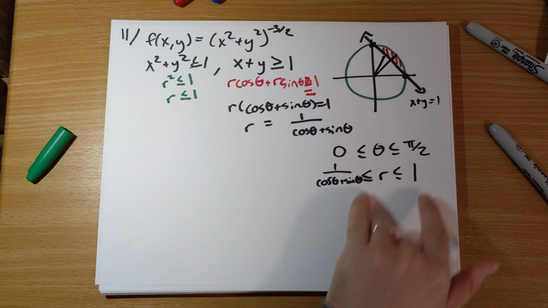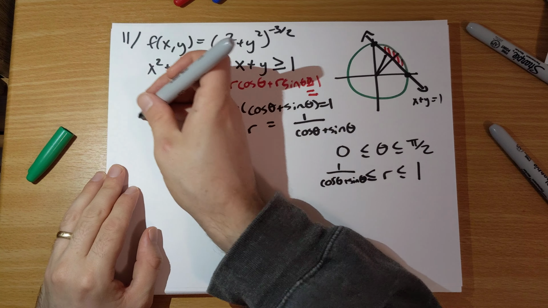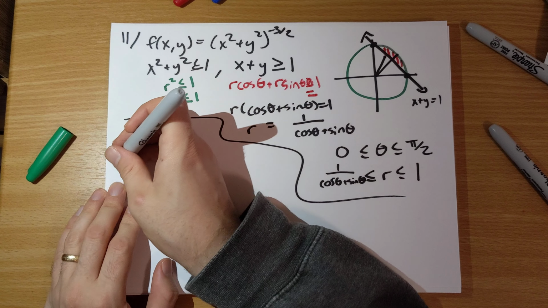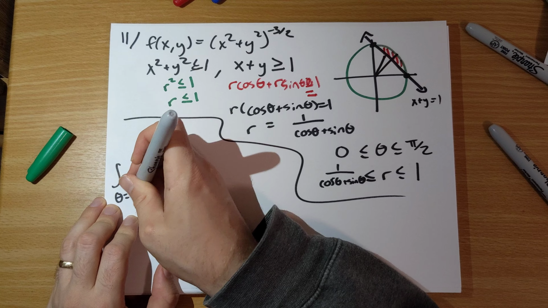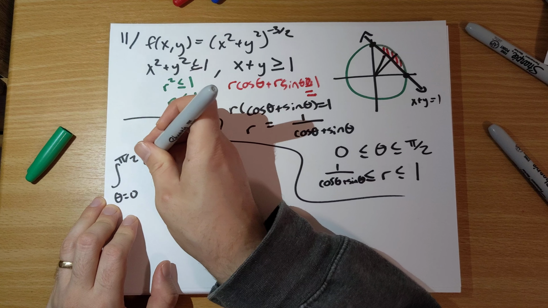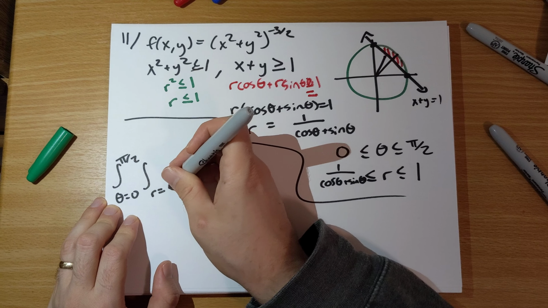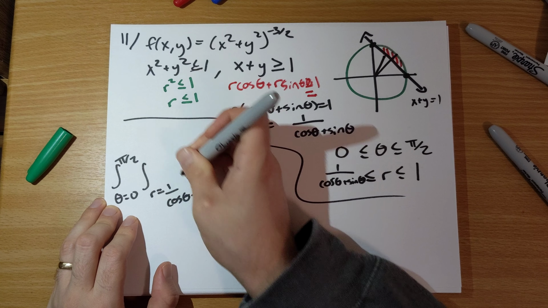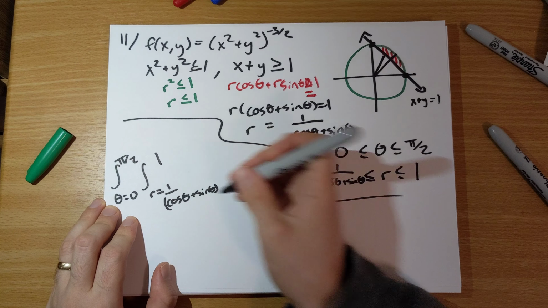And so this gives us all the bounds that we need. So we are integrating theta running from 0 to pi over 2, r running from 1 over cosine theta plus sine theta to 1.